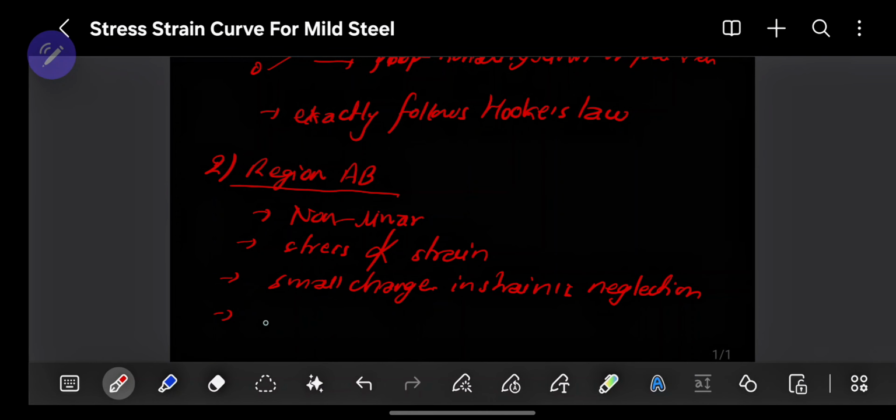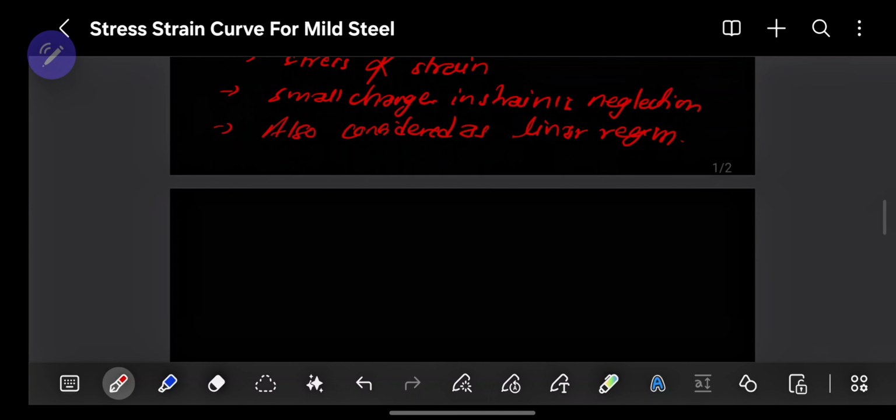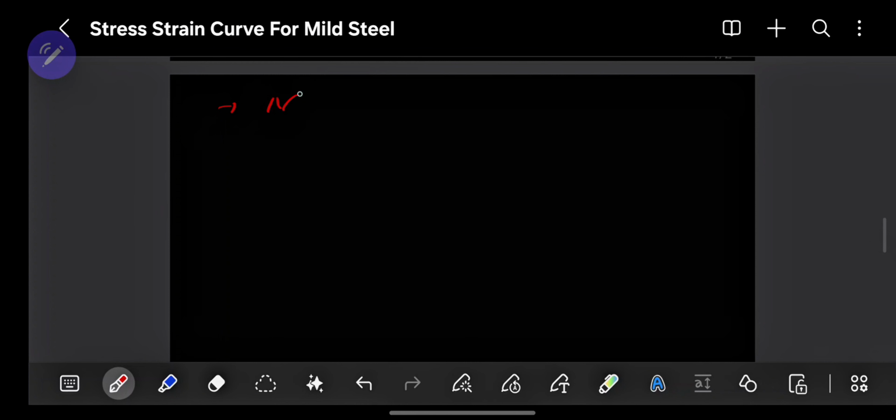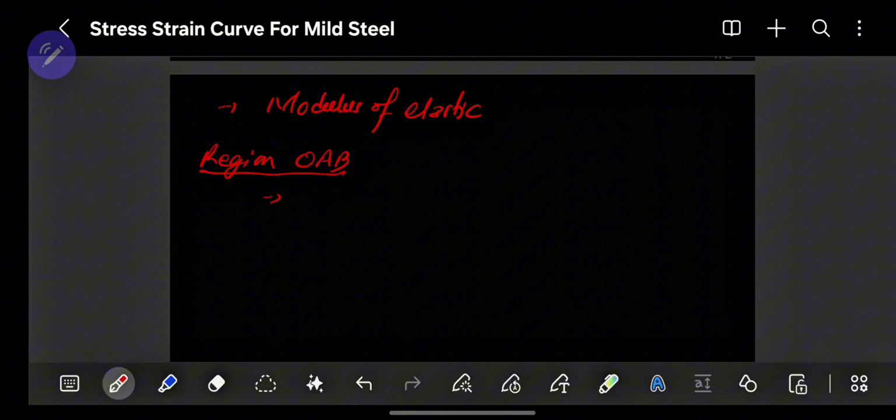So this region is also considered as linear region. Here we also use the modulus of elasticity, and summing up all the regions that are OAB, we call this region the linear region or elastic region.